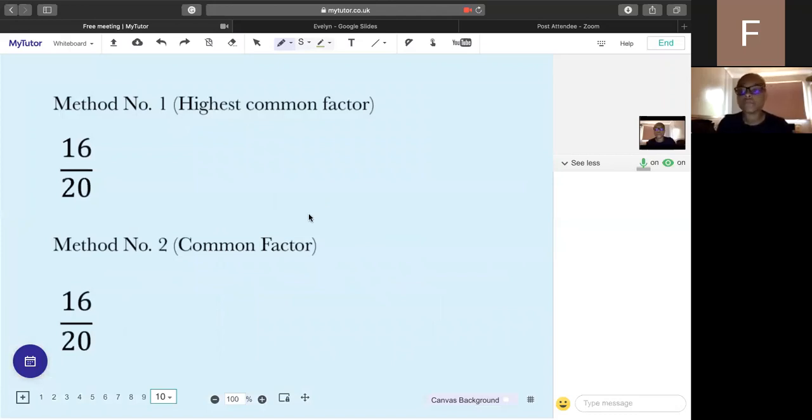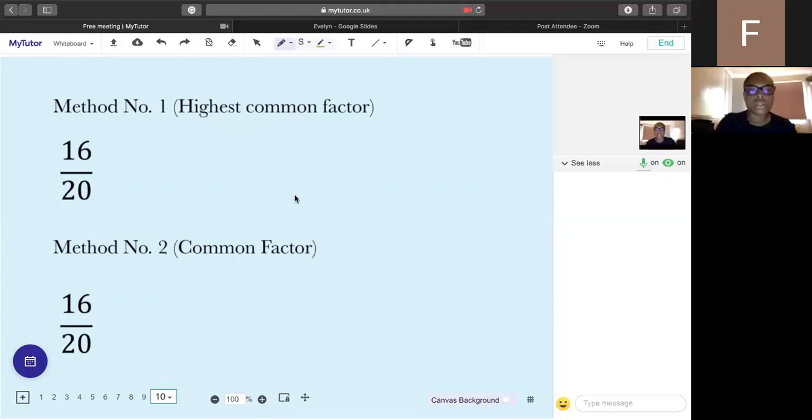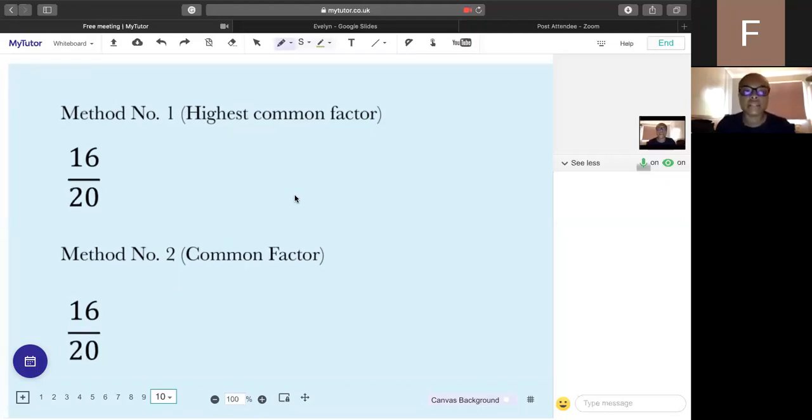There are 2 different ways of doing this. We could either find the highest common factor and do it all in one step and then we'd be done, or you can do it using different common factors as you go along. So let me show you exactly how we do this. With the highest common factor, the highest common factor between 16 and 20 is 4. So I'm going to divide my numerator by 4 and my denominator by 4.